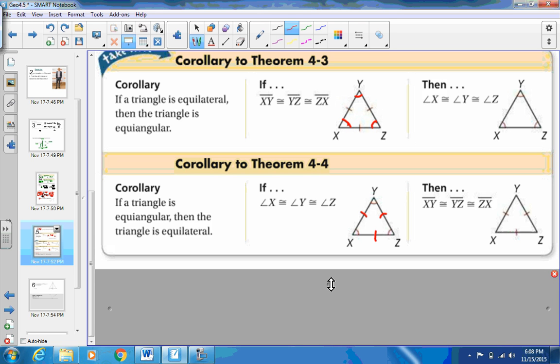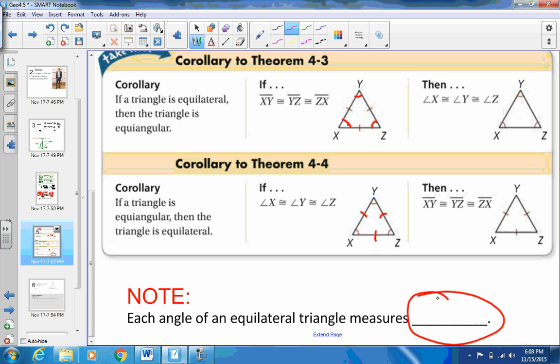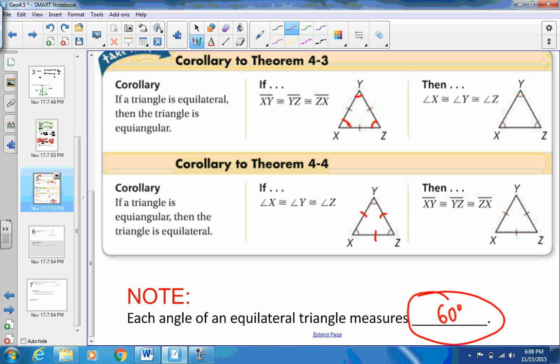Actually, they're called corollaries, but we said those are theorems that are proved from a different theorem. Just take one note though. Each angle of an equilateral triangle measures what? Well, that measures 60 degrees because they have to add up to 180, and if they're all the same, then they're 60 degrees. They are equiangular.